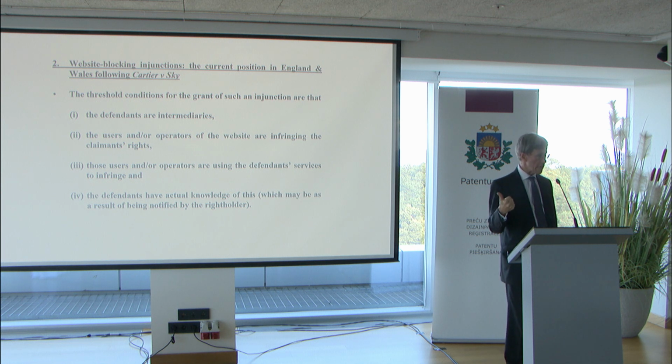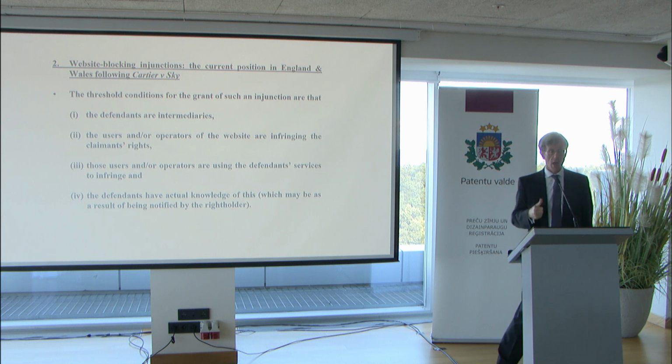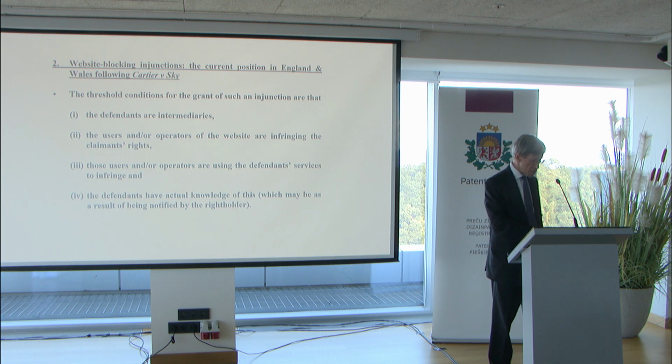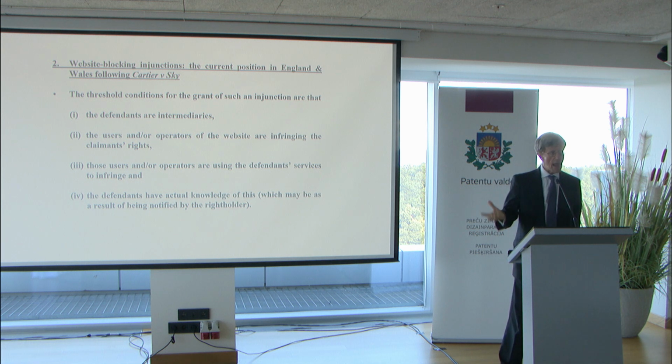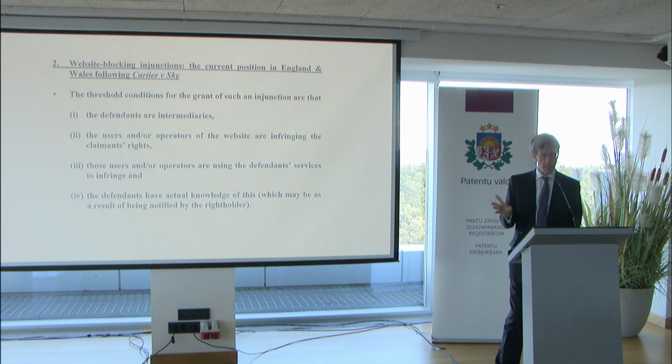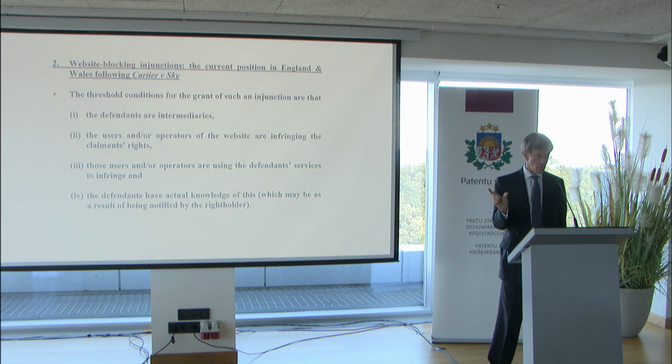Now, if you ask where do those 4 threshold criteria come from, the answer is as follows. 1, 2, and 3 come straight out of the face of Article 11 of the Enforcement Directive. It's all there in the text. The 4th threshold requirement doesn't come from there, but you will notice that the wording there echoes Section 97A of the 1988 Act that was inserted when implementing Article 8.3 of the Enforcement Directive.